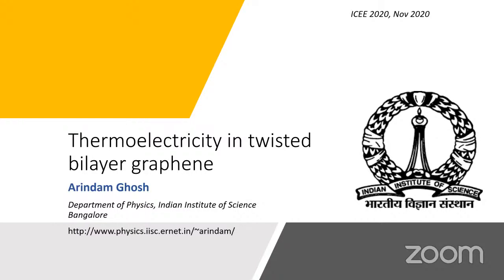So I'm going to be talking about twisted bilayer graphene, which has been one of the major group activities in my group here. We work on various kinds of twisted 2D systems now, given the global interest that has started in this direction.